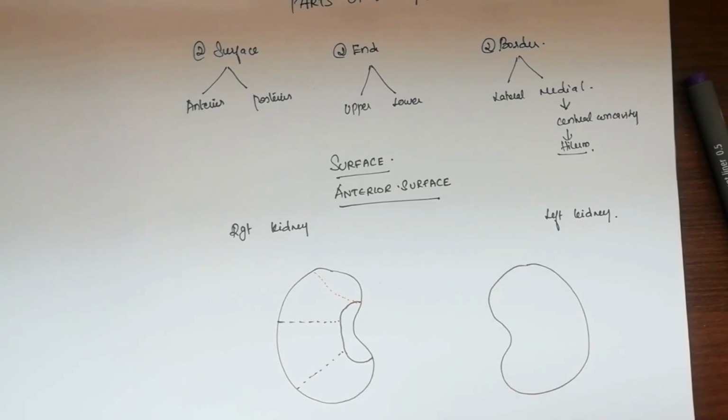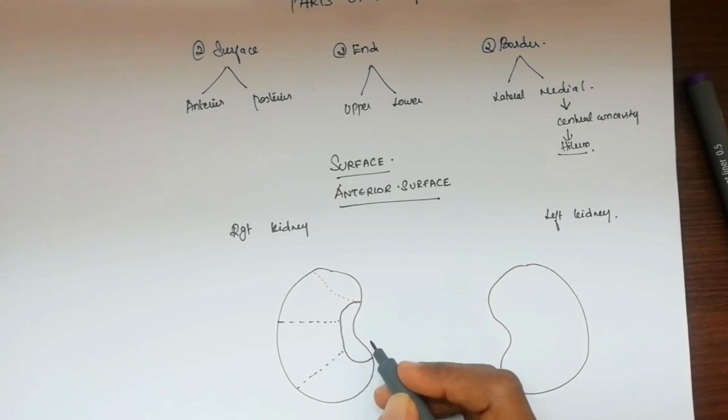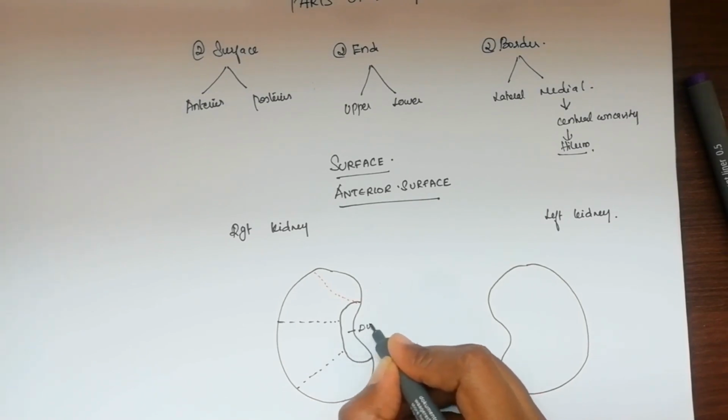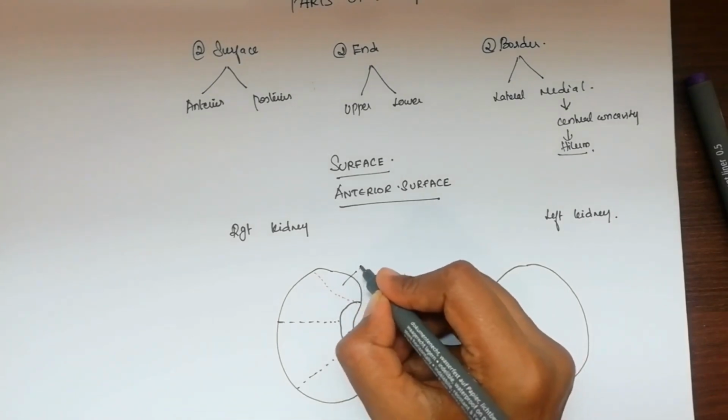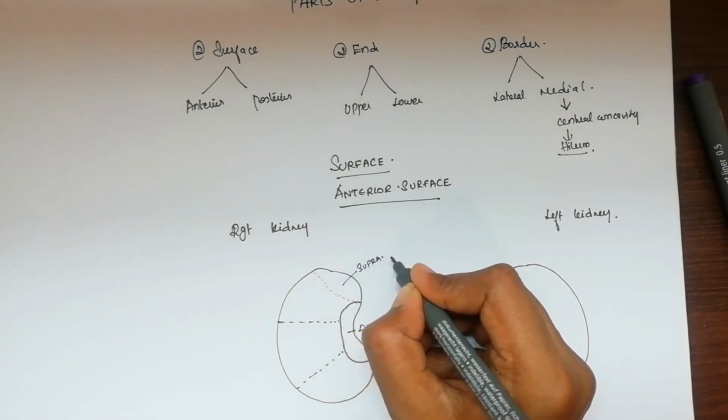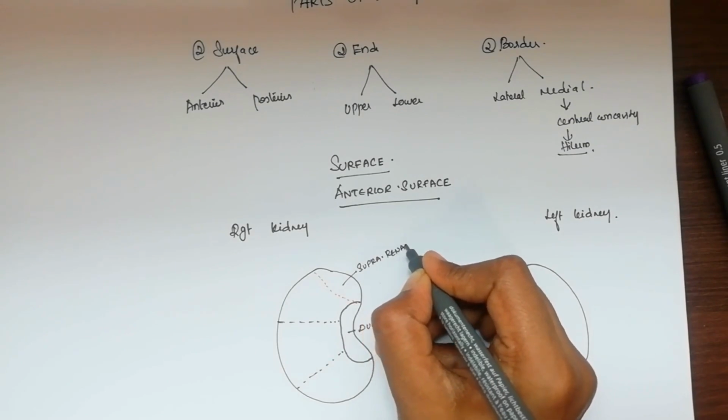I will summarize again. In the medial aspect, we have got a C-shaped curved organ, that is duodenum, and in the upper part we have got the suprarenal gland.